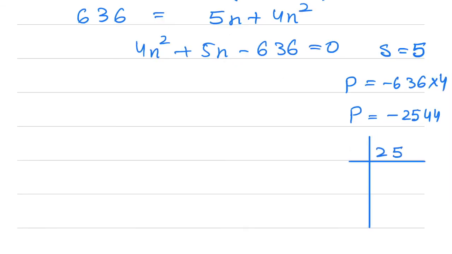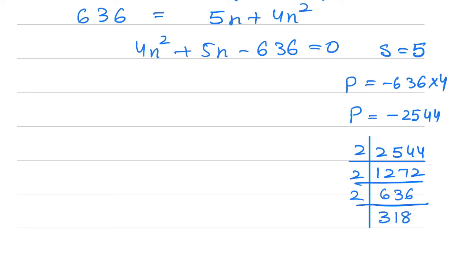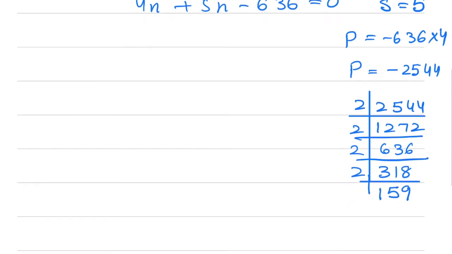We have 2, 5, 4, 4. So this would be 2, 1, 2, 7, 2. Then again 2. We have 6, 3, 6. Then again 2. We have 3, 1, 8. Then again 2. We have 1, 5, 9.